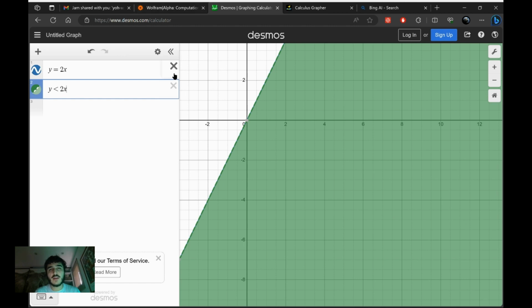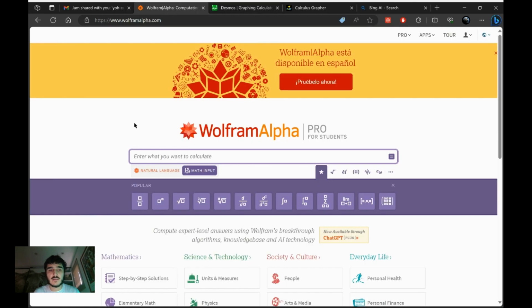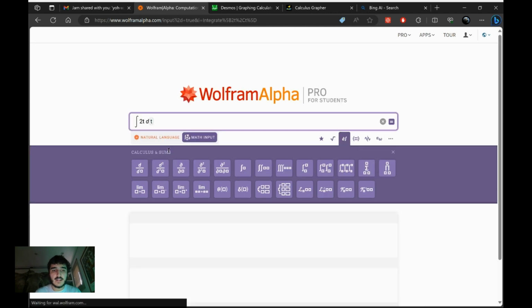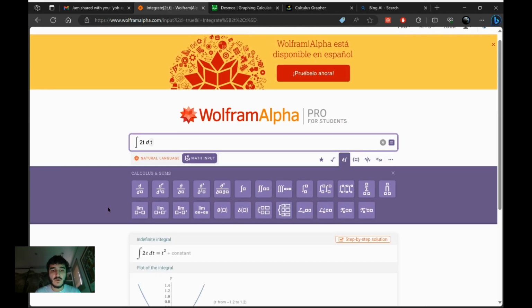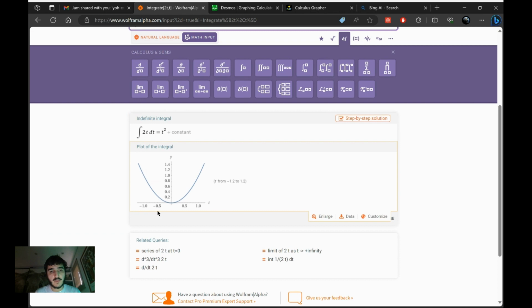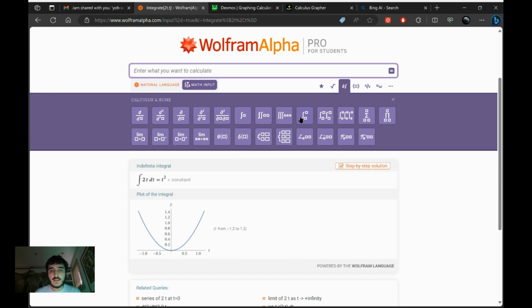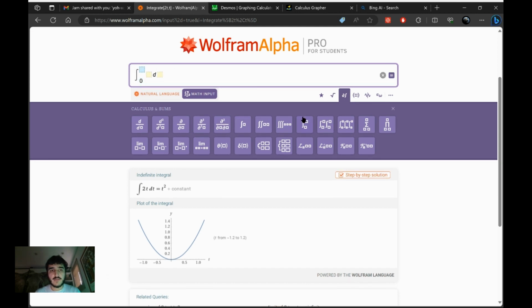And another very good way to do these visual calculations is Wolfram Alpha. Right here we can integrate 2t with respect to t, and it will also give us the parabola that we saw in PhET. Very nice. And we can also do a definite integral of 2t from 0 to 5.